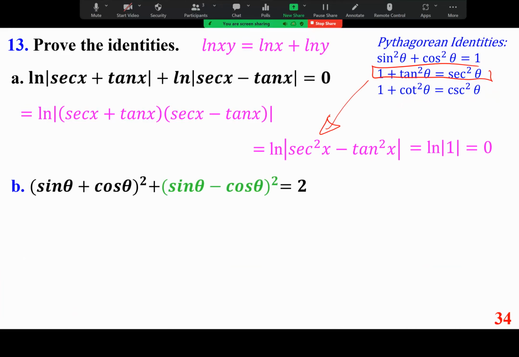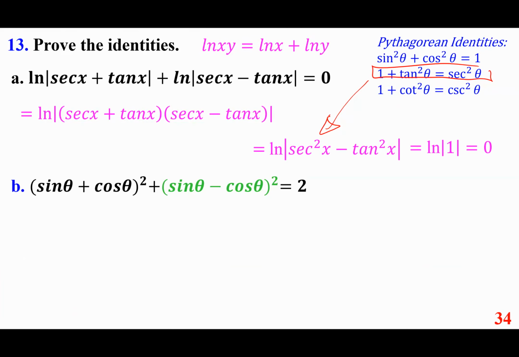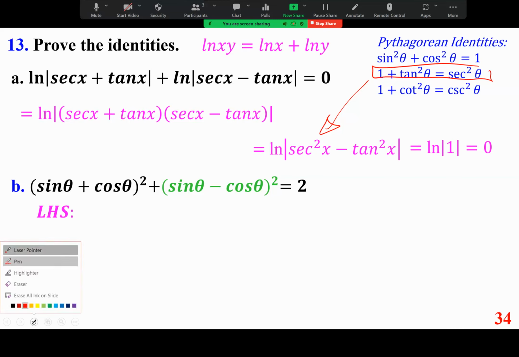All right, we want to prove sine theta plus cosine theta quantity squared plus sine theta minus cosine theta quantity squared is true. We start with the more complicated side, which is the left-hand side, and we're going to square each case. This becomes sine squared plus 2 sine theta cosine theta plus cosine squared, plus we square this one, which is sine squared minus 2 sine theta cosine theta plus cosine squared theta.